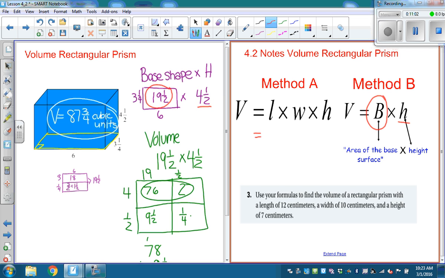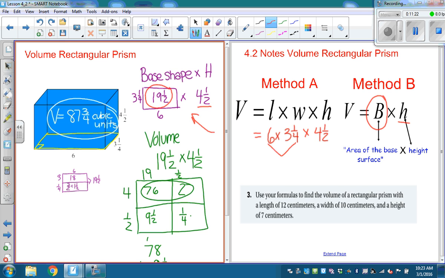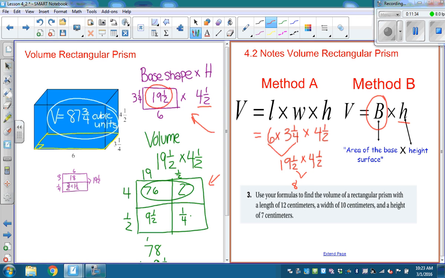Or you can think of that as the length times the width times the height. And when I did the length times the width over here, I got 19.5, and I multiplied that by the height, which is 4.5. And that work shown over here told me my final answer was 87 3/4 cubic units.